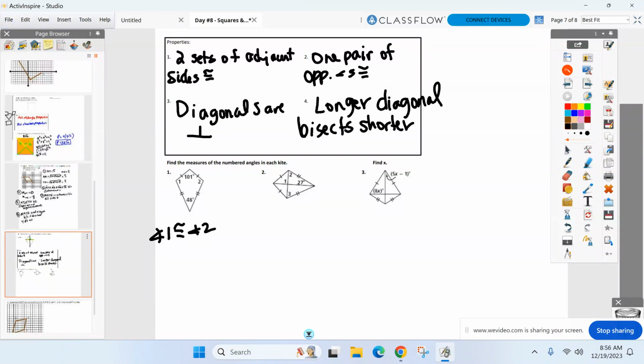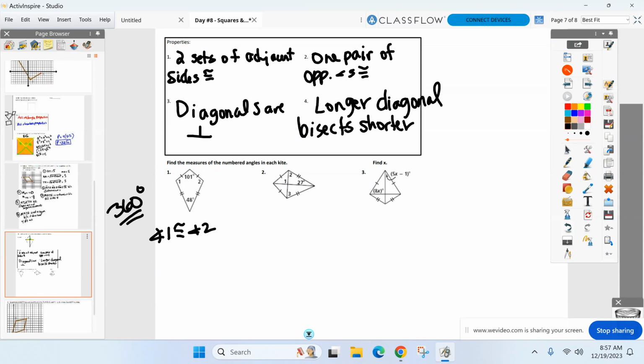Now we got to get them. I know it's a kite. It still has how many sides? Quadrilateral. It's still a quadrilateral. What are all those angles going to add up to at the end? All right, there you go. Let's get to work. We know angles 1 and 2 are congruent, and all 4 are going to add to 360.